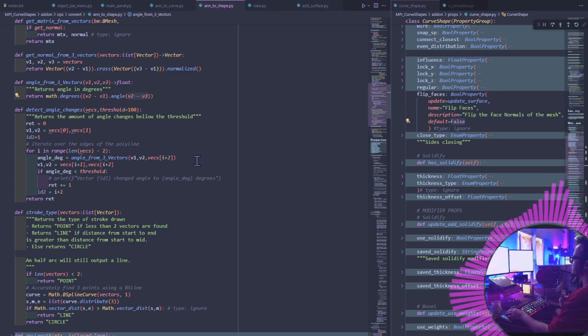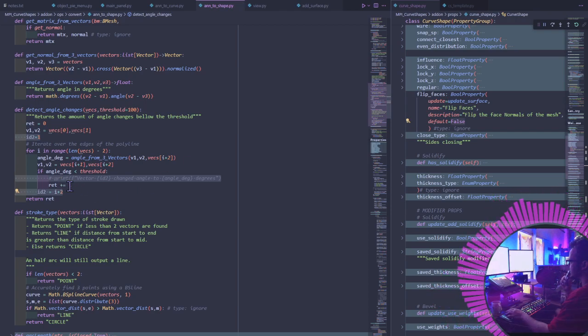In the detect angles function, I have extra stuff here that doesn't really need to be here. It was just for testing, so you can ignore this, and that, and that. So this is where the vectors come in, and I did the function like that.